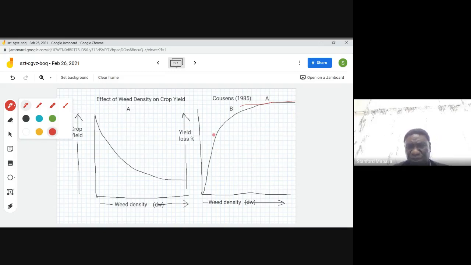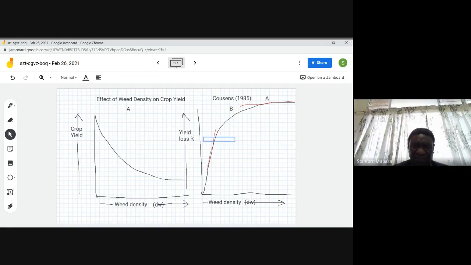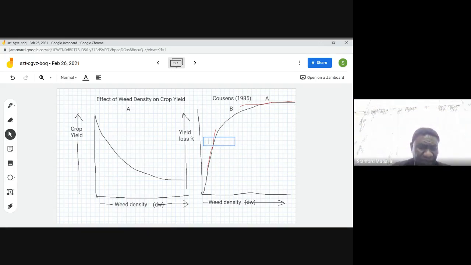Now this slope is represented by I. So on Cousins' graph, which is just showing crop yield versus weed density, you get this straight graph.